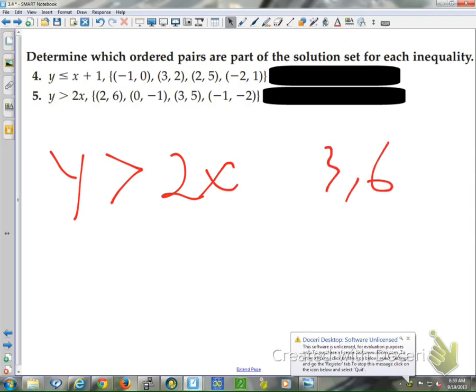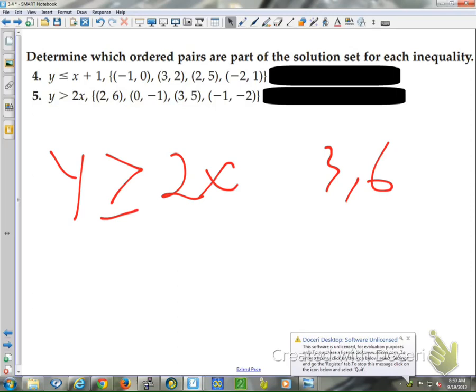If we plugged in 3 for x and 6 for y, what would that say? Is 6 greater than 6? No, it is not, so that would be false. What about now? Yes, because 6 equals 6.